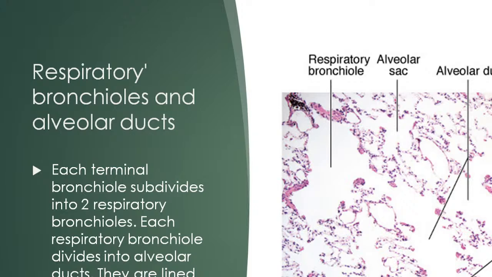Smooth muscle disappears at the distal ends of alveolar ducts. Alveolar ducts open into atria that communicate with alveolar sacs, and each alveolar duct gives rise to several alveoli. You can see a lot of alveoli on this picture.